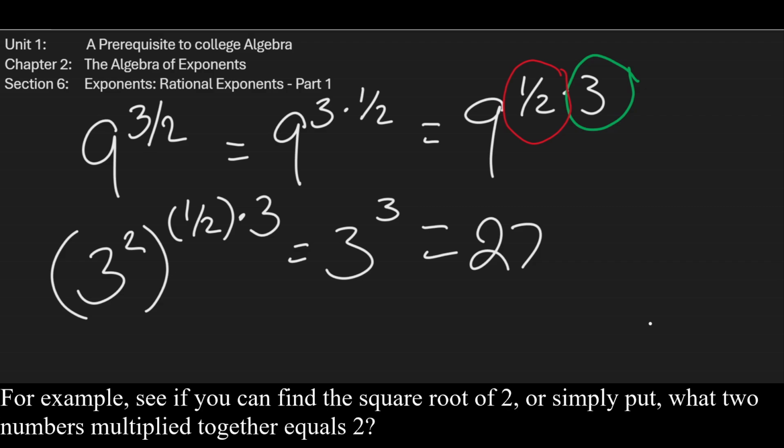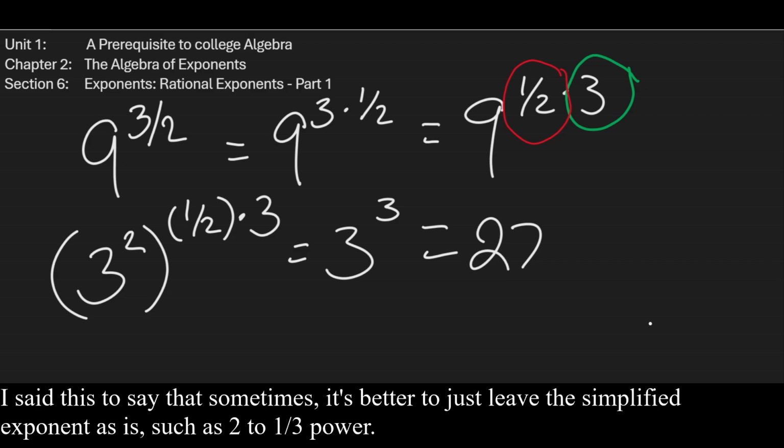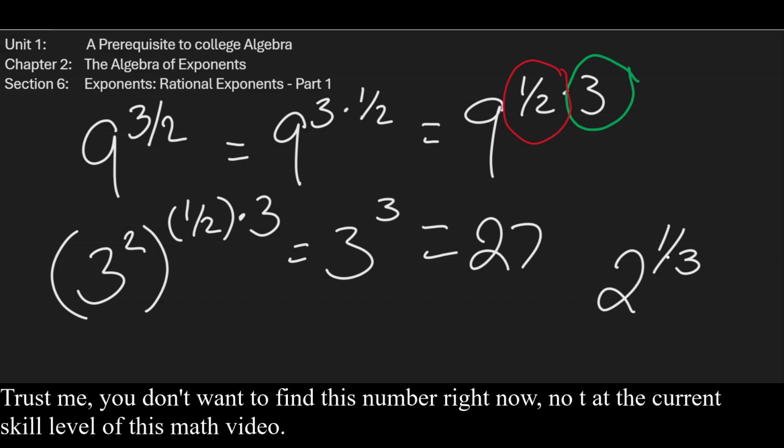For example, see if you can find the square root of 2, or simply put, what two numbers multiplied together equals 2. I said this to say that sometimes it's better just to leave the simplified exponent as is, such as 2 to the 1/3 power. Trust me, you don't want to find this number right now, not at the current skill level of this math video.